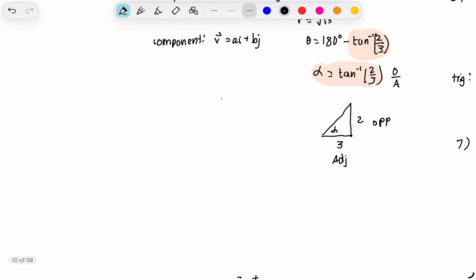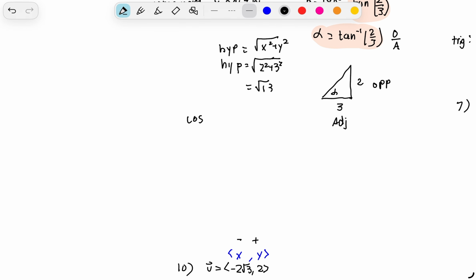So that means that in order to find the hypotenuse, that would be equal to the root of 2 squared plus 3 squared, and that's going to be the root of 13. This is x squared plus y squared for your hypotenuse. Therefore, if we write what cosine of our angle is, that's going to be 3 over the root of 13, and sine is going to be 2 over the root of 13.